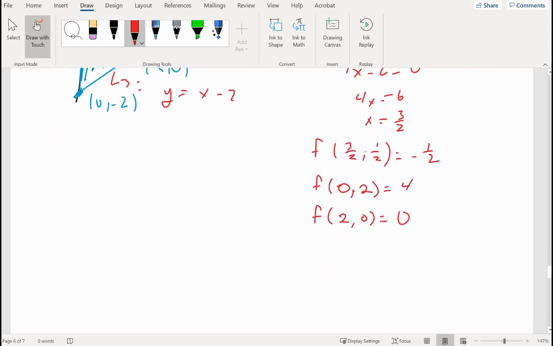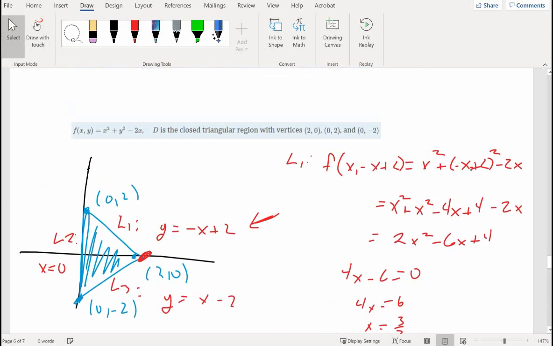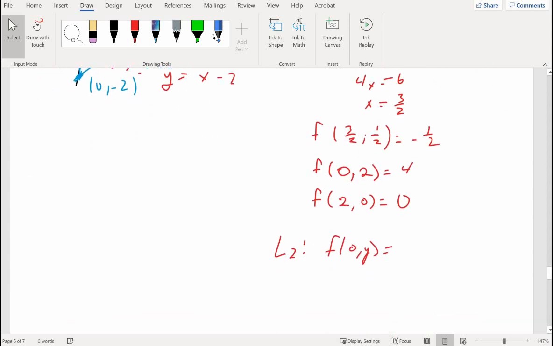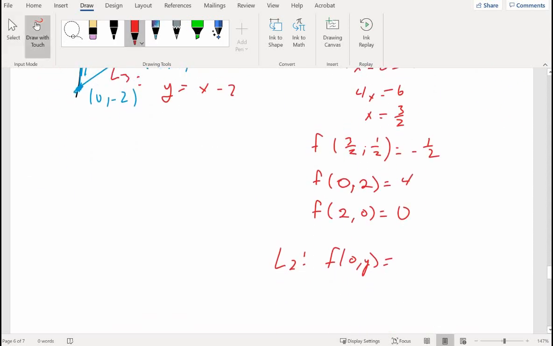L2, we know x is equal to 0. So we're looking at f(0, y). Now if I put 0 in for x, that's just going to leave me with y squared.